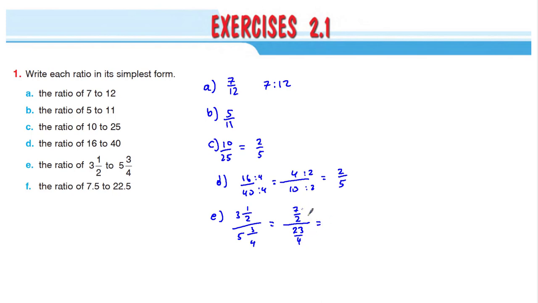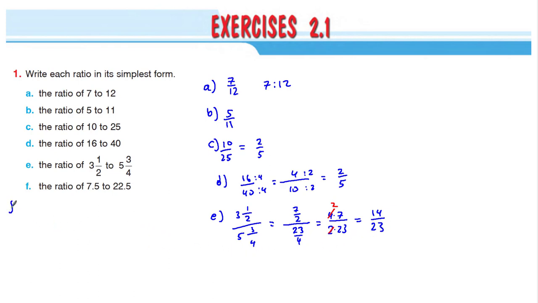How do you deal with double fractions? You multiply the outer ones, 4 times 7 in the numerator and 2 times 23 in the denominator. Here we can cancel by 2, so you're left with 2 times 7, which is 14/23. This is its simplest form.